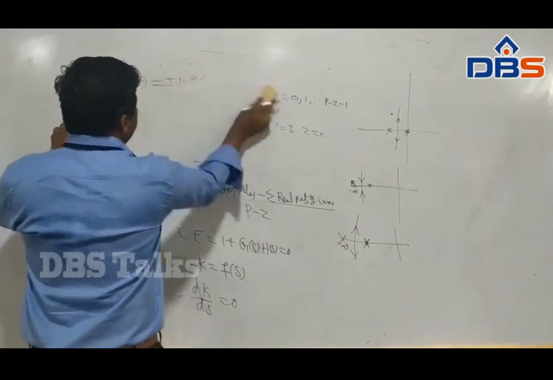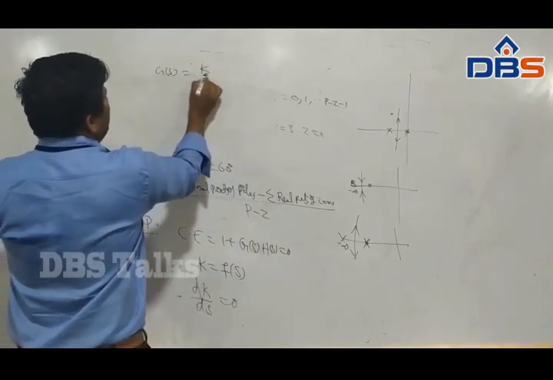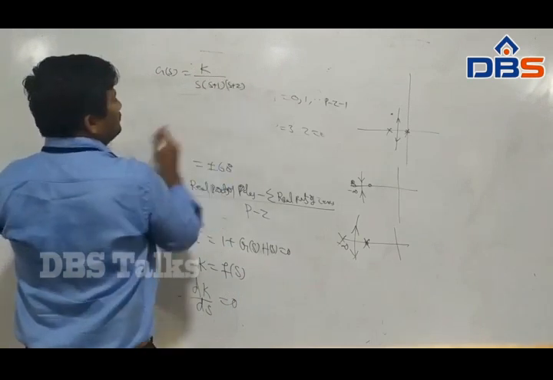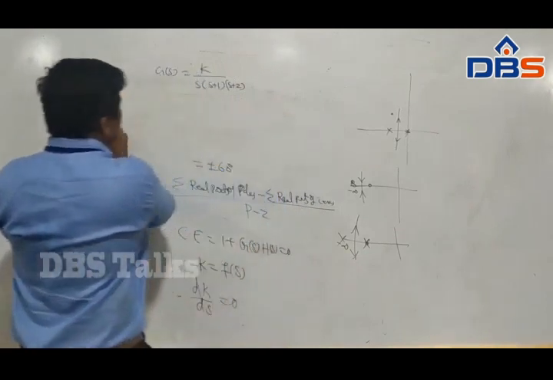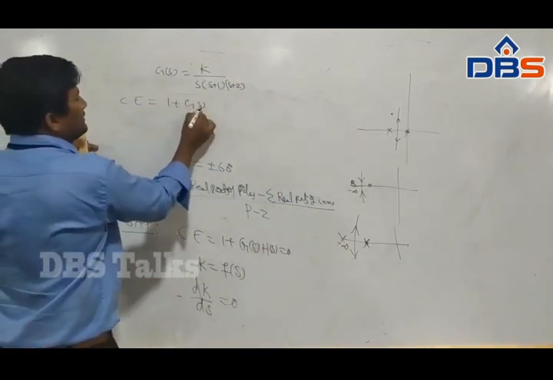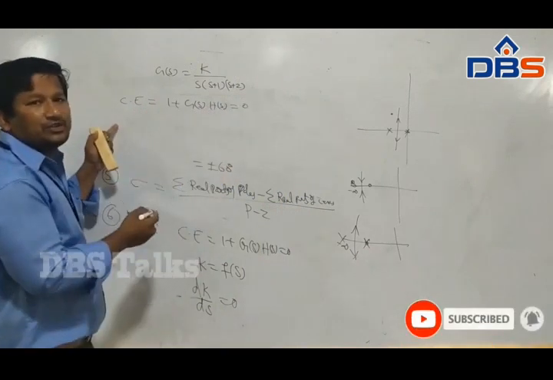Suppose for example g of s is equal to k by s into (s plus 1) into (s plus 2). Now the characteristic equation is 1 plus g of s h of s equal to 0, taking unity feedback, that is h of s equal to 1.